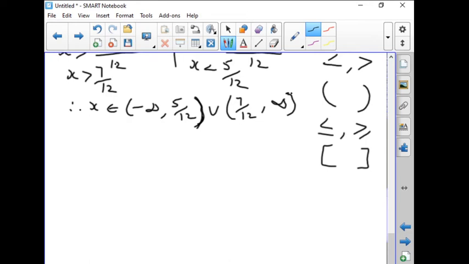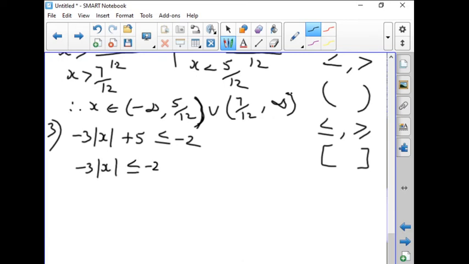Now, we will go to the third question, question number 3. Solve minus 3 into modulus of x plus 5 less than or equal to minus 2 and graph the solution set on a number line. Okay, so this is the inequality given. So, minus 3 into modulus of x is less than or equal to minus 2 minus 5.